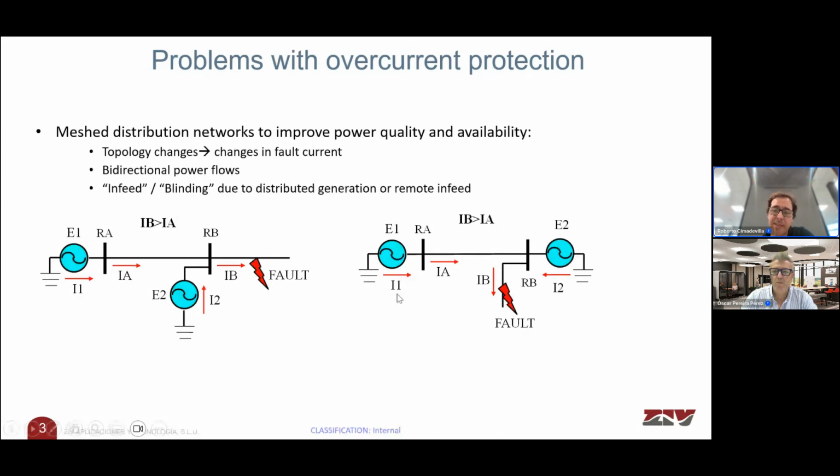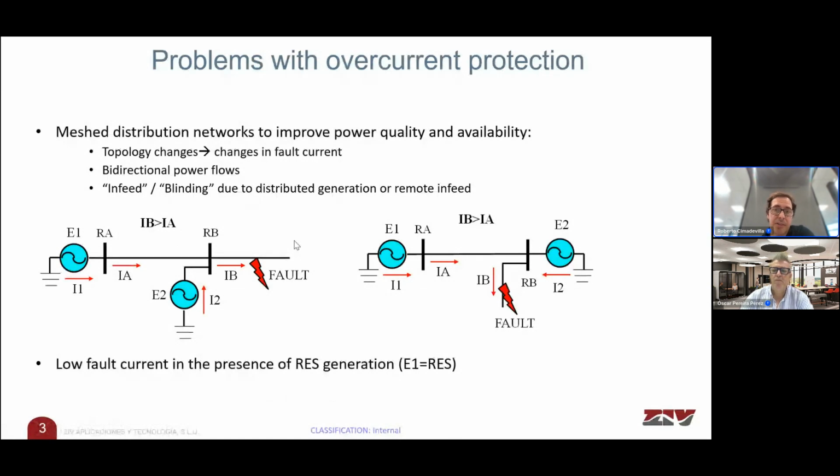In both cases, current B is higher than current A, and this creates selectivity or coordination problems between relay A and relay B. Also, we could have renewable energy sources generation in source E1, and this will create a low fault current, which also creates problems for overcurrent protection.